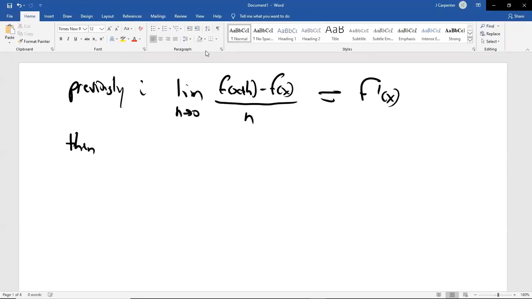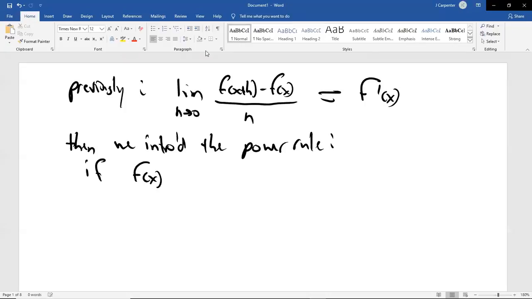Then we introduced the power rule. We said that if your function was of a specific format, if it was a polynomial with just your general x to the n term, that the derivative, f prime of x, you took the exponent, you brought it out front, you left the x there, and then you dropped the exponent by minus 1.